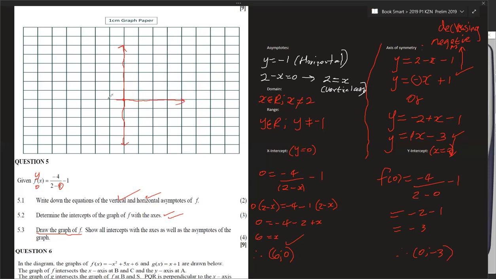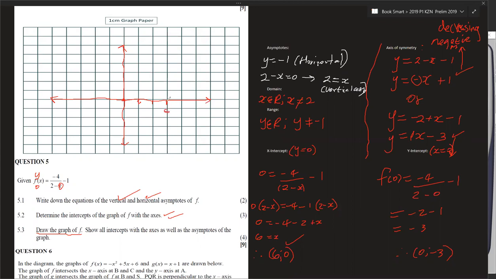Awesome. Now I'm going to choose a scale. I have 6, so I can go up in 2s. So 2, 4, 6. I'll need to extend this side a little bit.